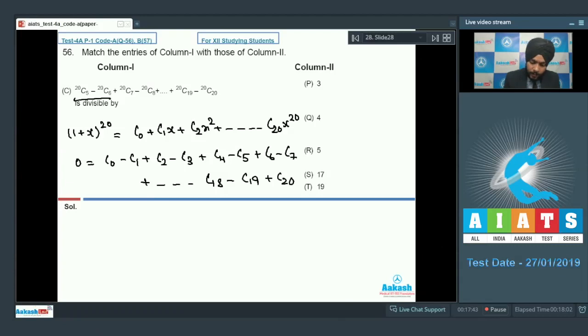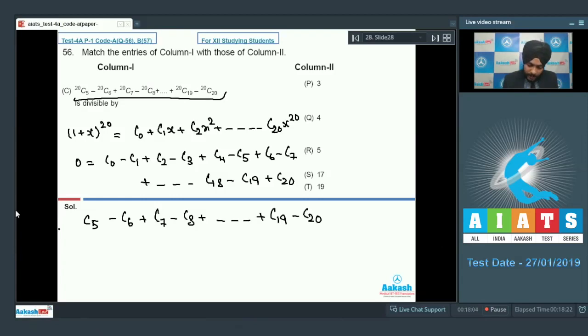I have 16 terms in the given expression. Total 21 terms are there. So I'll take the 16 terms to the left hand side and calculate the remaining 5 terms. So C5 minus C6 plus C7 minus C8 so on till C19 minus C20.